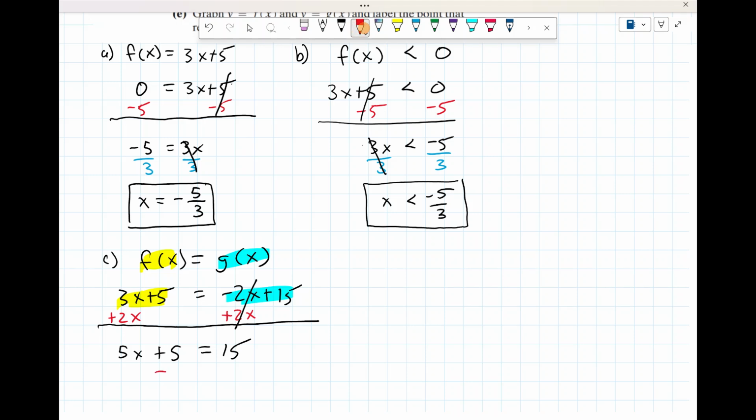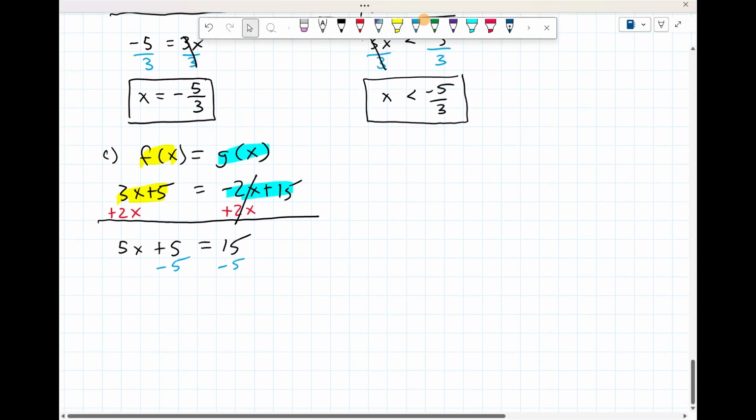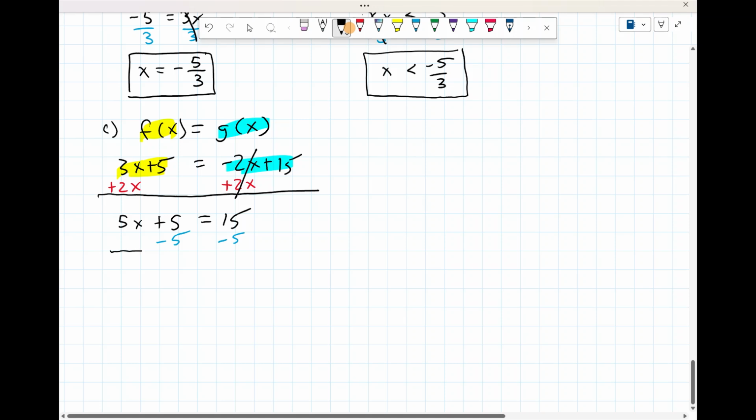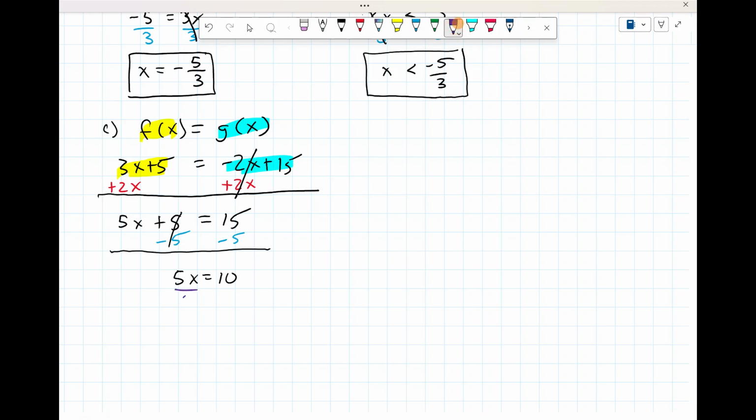Next, I subtract 5. These cancel out. I'm left with 5x equals 10, so I divide both sides by 5. So x is equal to 10 divided by 5, which is 2.